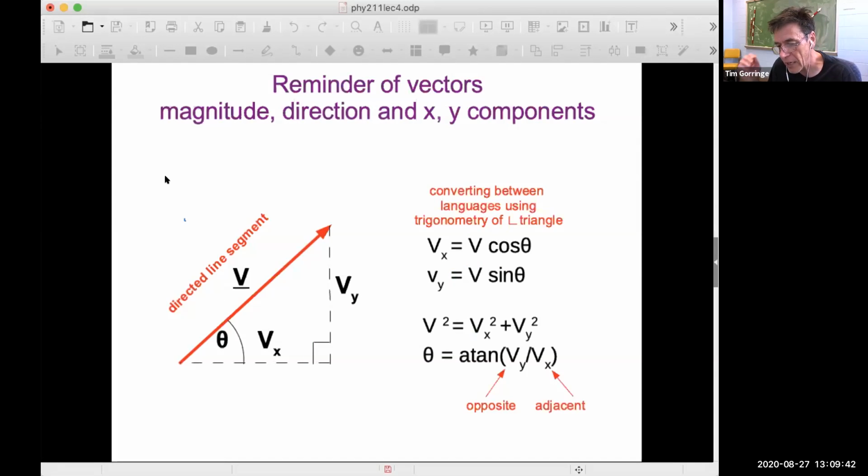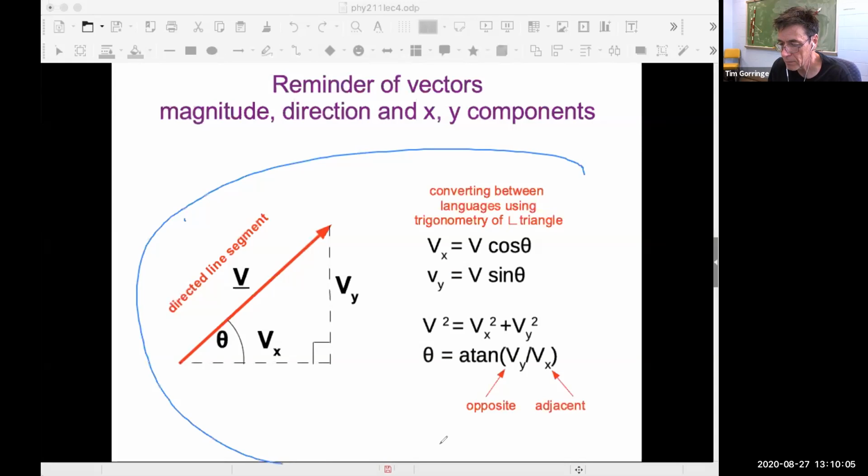And let's move on now to adding together vectors that are neither parallel, perpendicular, or opposite. The only thing I'm doing on this slide is reminding you, because we're going to use this a lot now, that we have these two languages for describing vectors. One is magnitude and direction, V and theta.